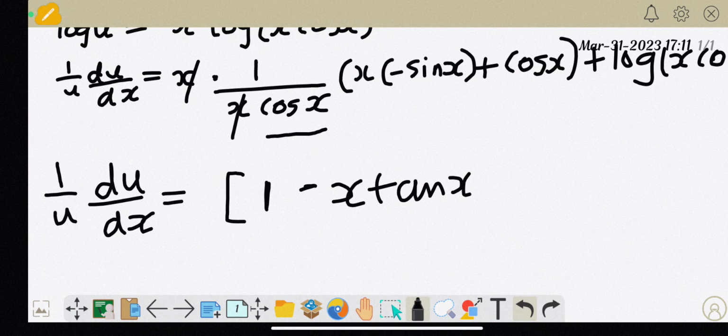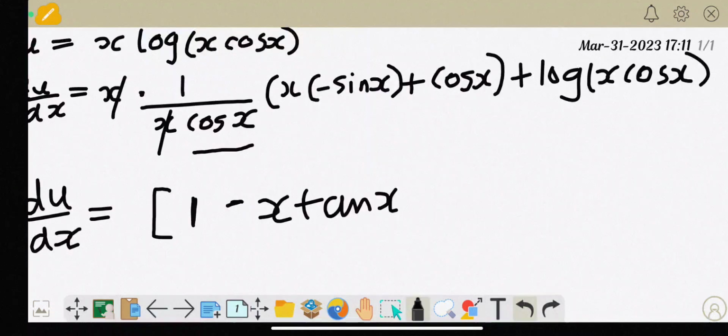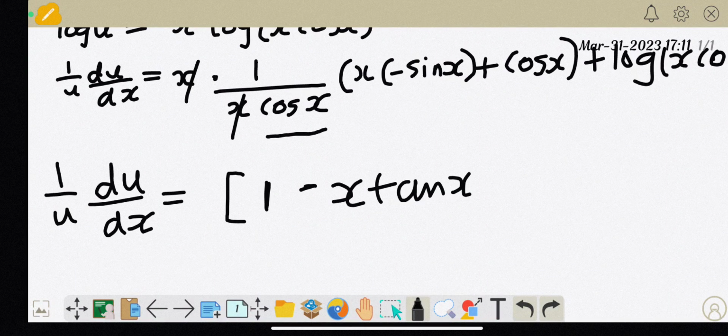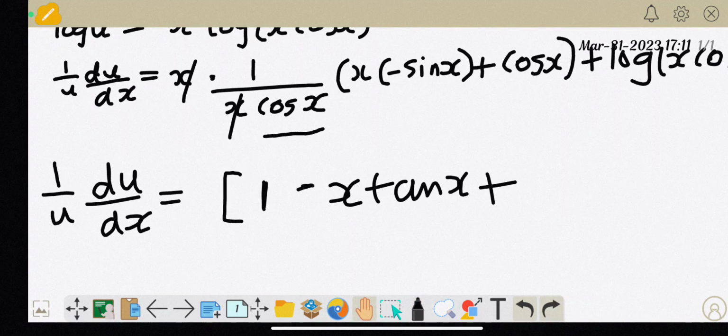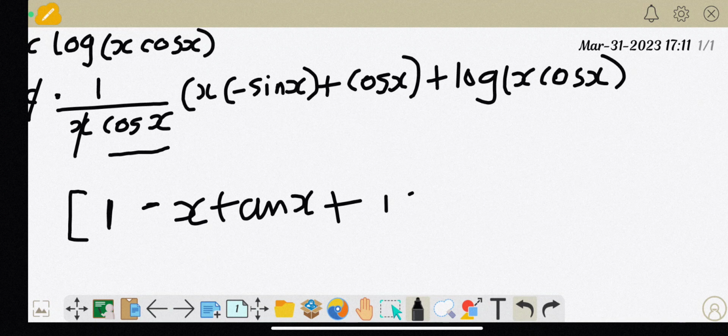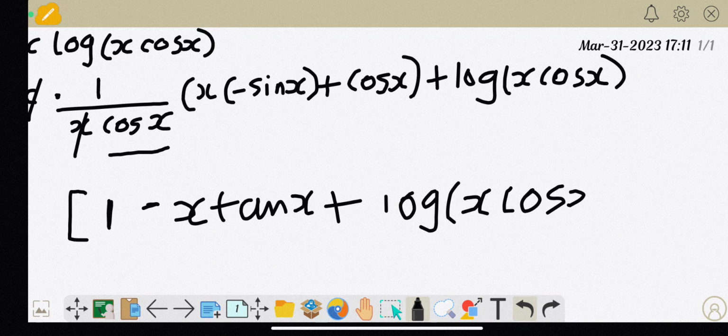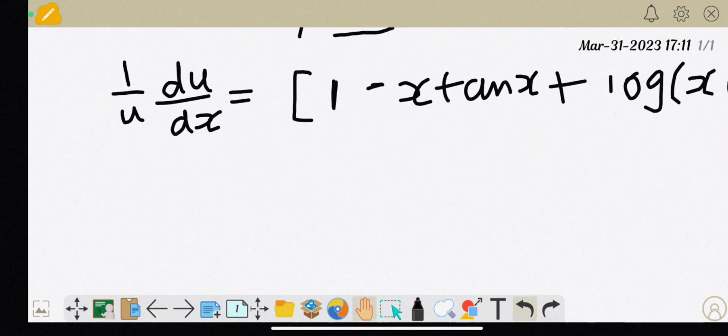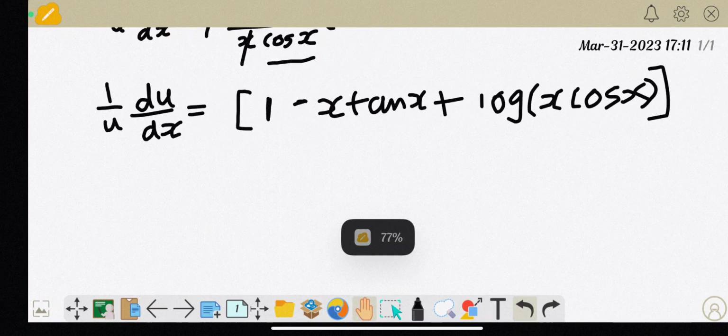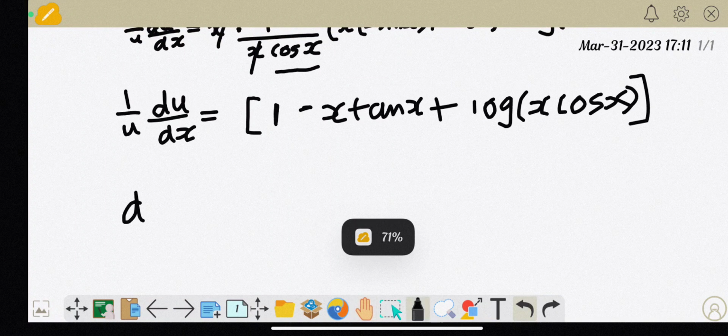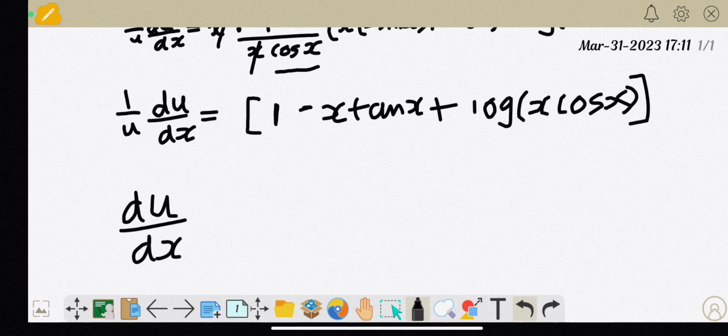Then this term is simplified. Here another term is there, so it is plus log x cos x. Then send u to the right hand side. What is u?